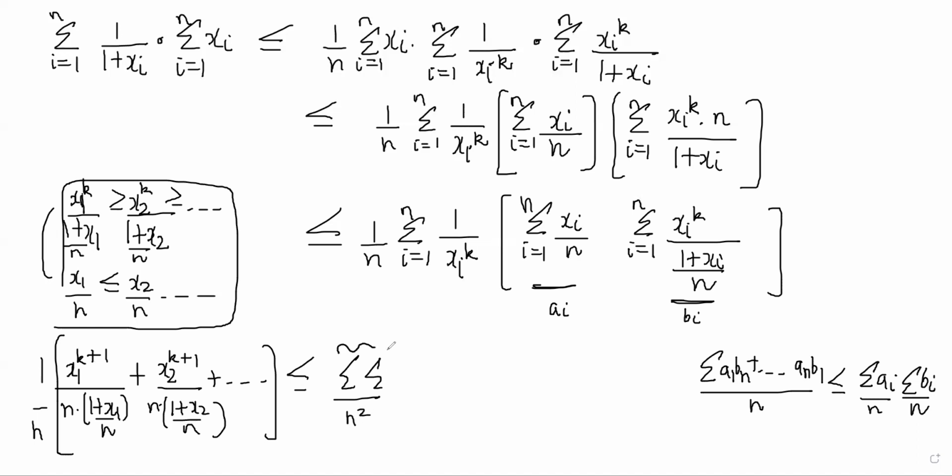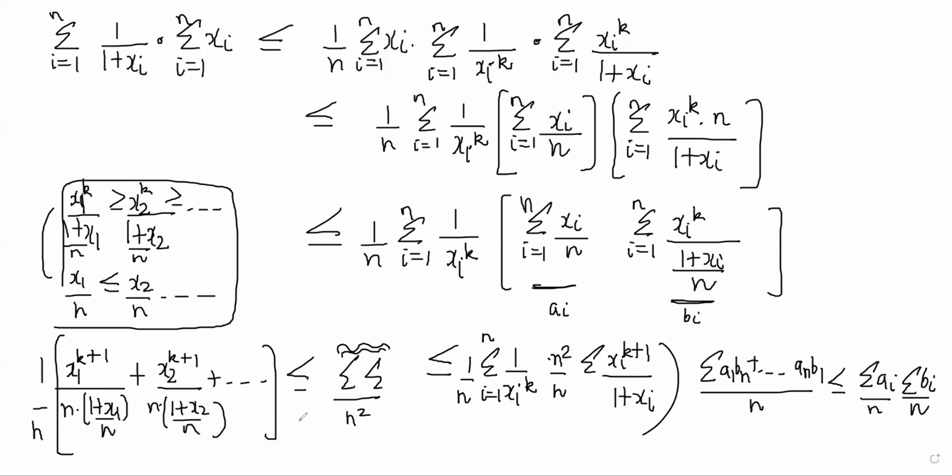So these two summations separately are greater than basically, so what I can write here is less than or equal to summation of i goes from 1 to n of 1 by xi power k, and you have a 1 by n here, and we can say multiplied by n square by n summation of xi power k plus 1 by 1 plus xi.